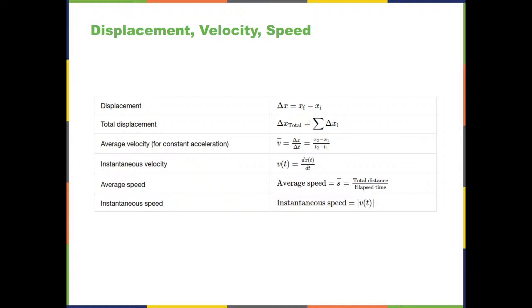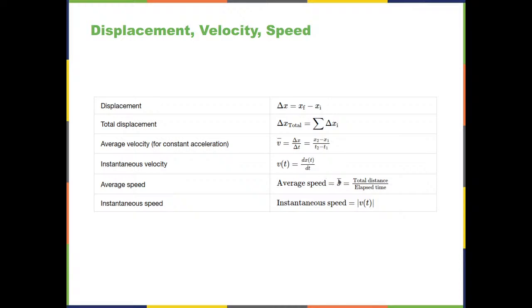So just to put everything together on displacement, velocity, and speed. We have our displacement, the difference between the positions from a final and an initial point. Total displacement is just the sum of those vector quantities, the sum of those displacements. Average velocity is the displacement over the elapsed time. Instantaneous velocity is when we take that elapsed time and take the limit going to 0, which gives us the derivative of the position function.